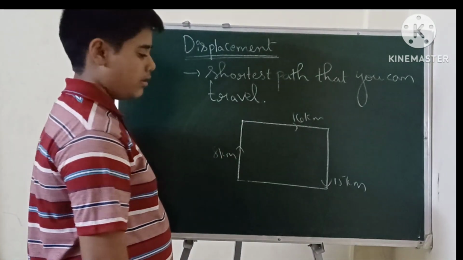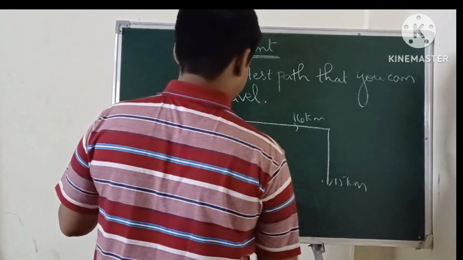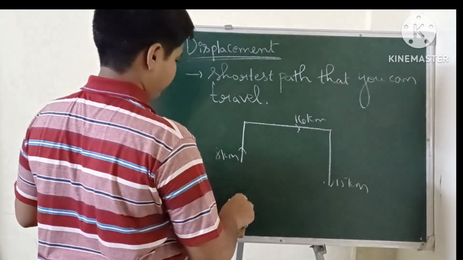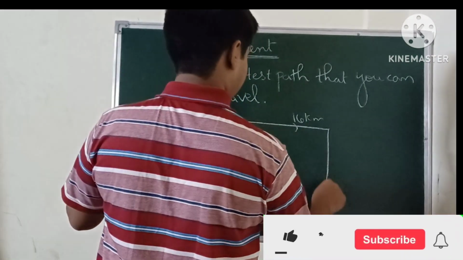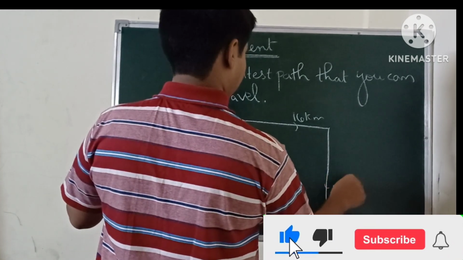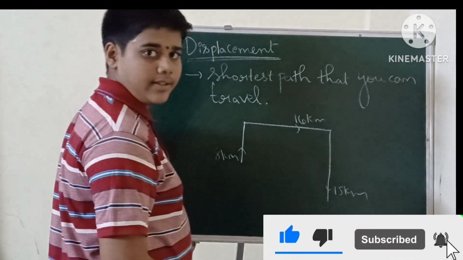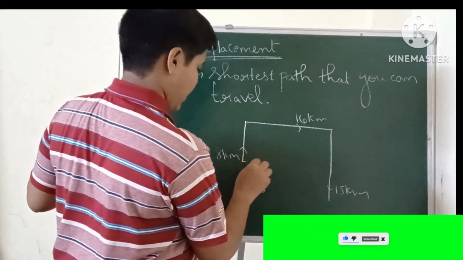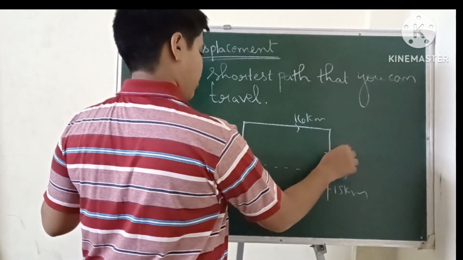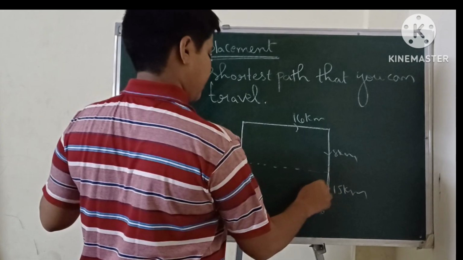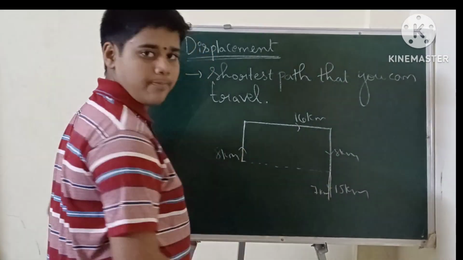The diagram is not clear, so if I take it like this, we draw a straight line, which is 8 kilometers, and the remaining is 7 kilometers.